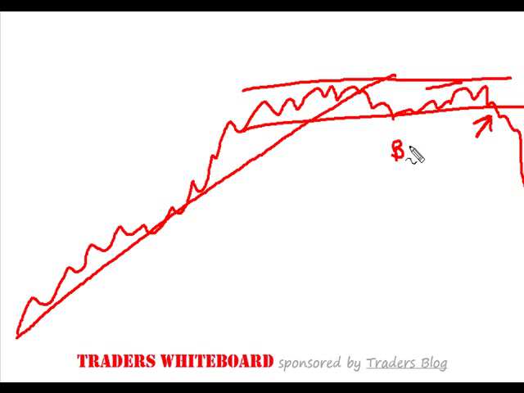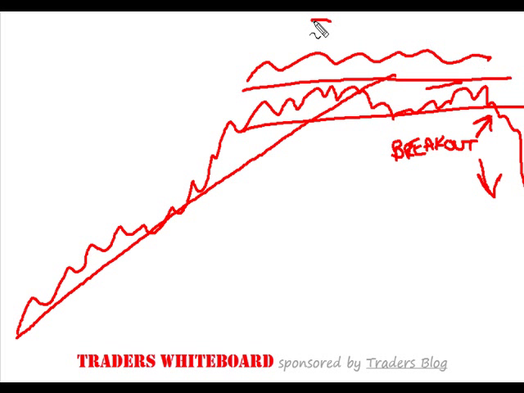So this is a breakout to the downside. Okay, so again, this is where you're seeing more and more selling pressure at these levels here. So that's the distribution, which means the market, whether it's a stock, futures, or anything else, has reached a high point and it should start to go down.